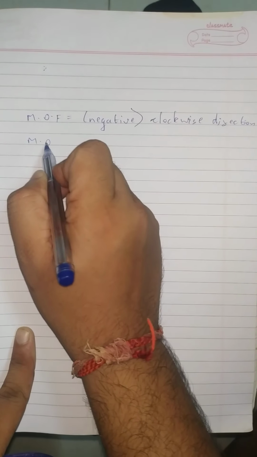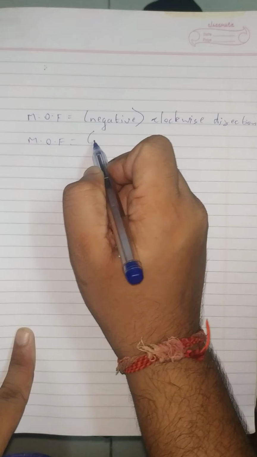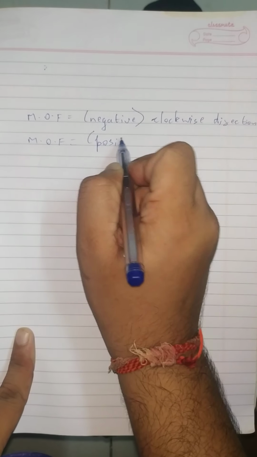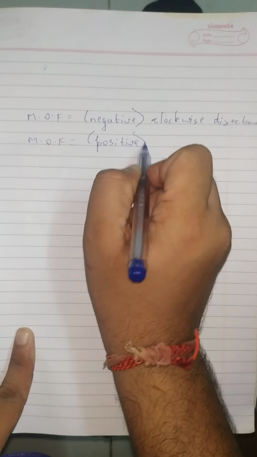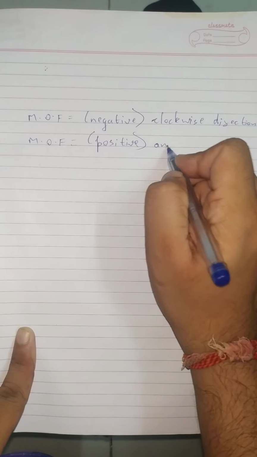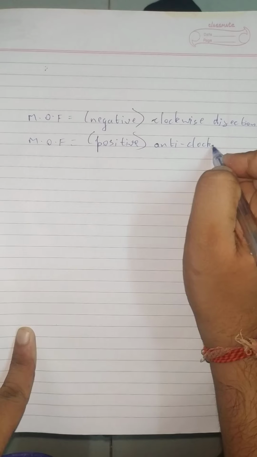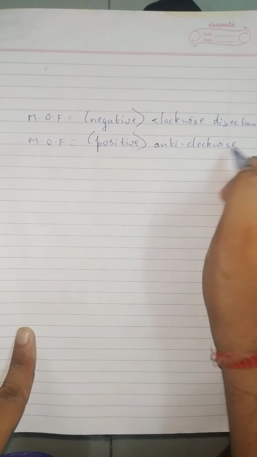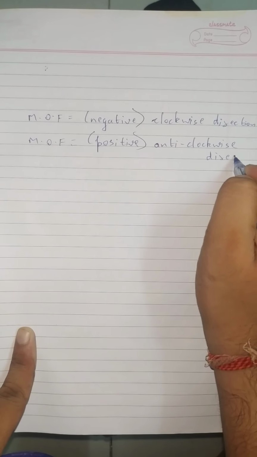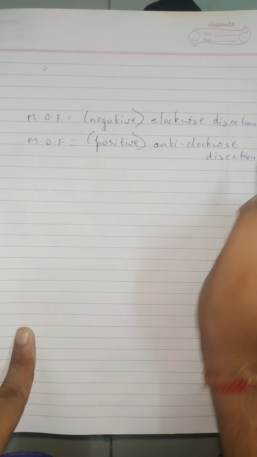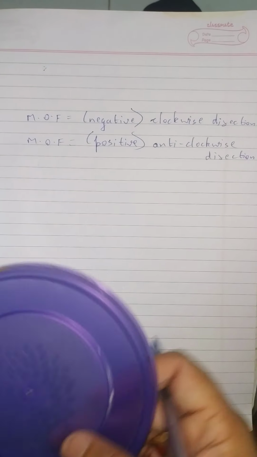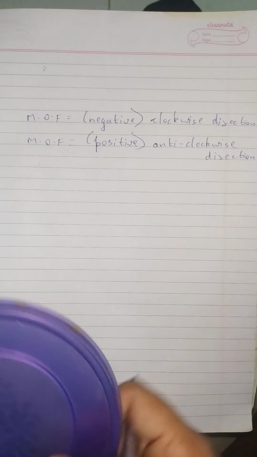And when the body is moving in the anti-clockwise direction, it is taken as positive. Okay, so this was all about the moment of a force, and we'll continue next time. Okay, thank you so much.